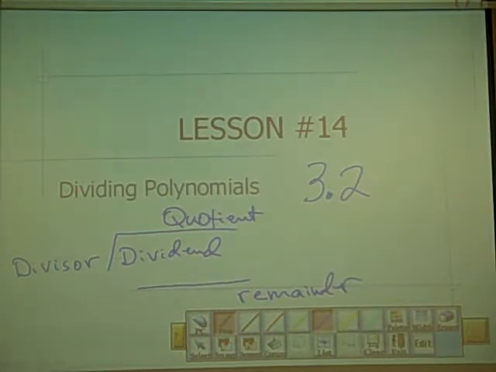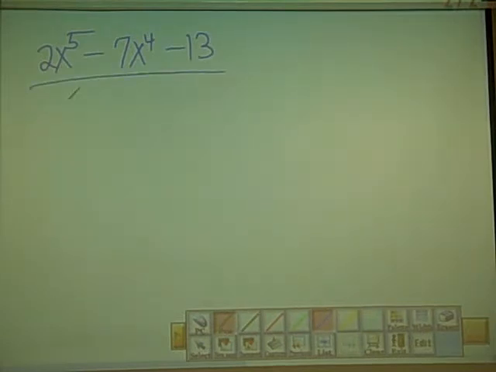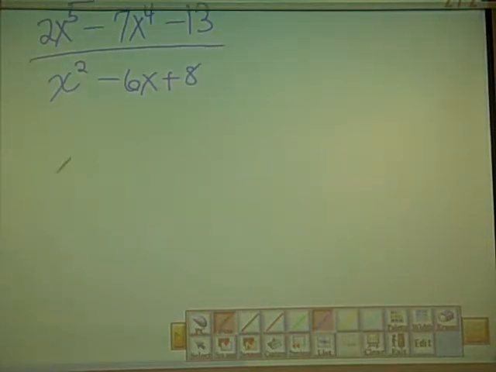So if we have a problem such as 2x to the 5th minus 7x to the 4th minus 13, and we're dividing that by x squared minus 6x plus 8, we want to use long division for that.